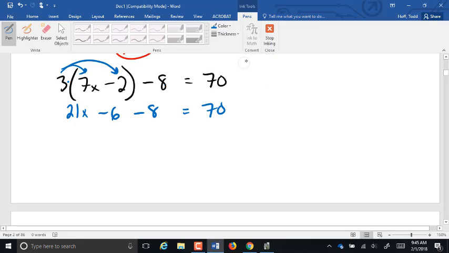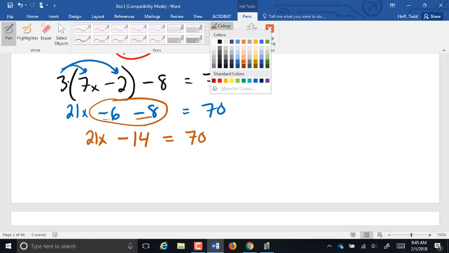We keep combining. We can combine what on the left side here yet? Perfect. Negative 6 and negative 8 can be combined. So the 21x doesn't change. Negative 6 and negative 8 makes negative 14. So we write that as 21x minus 14 equals 70.